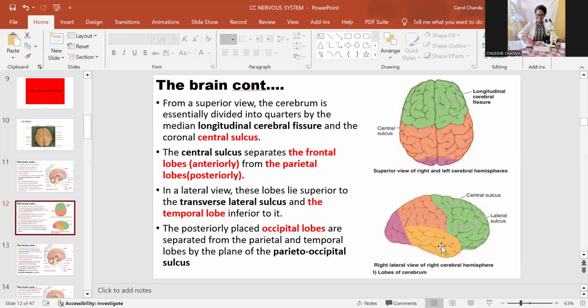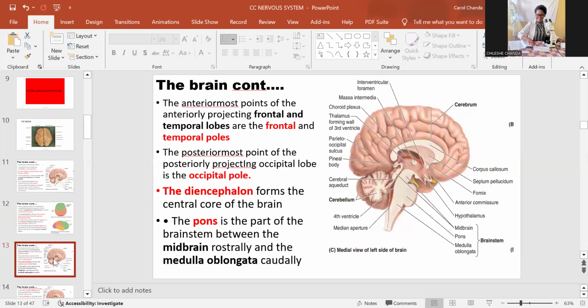Then posteriorly, the posteriorly placed occipital lobes are separated from the parietal and temporal lobes by the plane of the parietal occipital sulcus over here. Okay, the parietal occipital sulcus. The anteriormost points of the anteriorly projecting frontal and temporal lobes are the frontal and temporal poles.